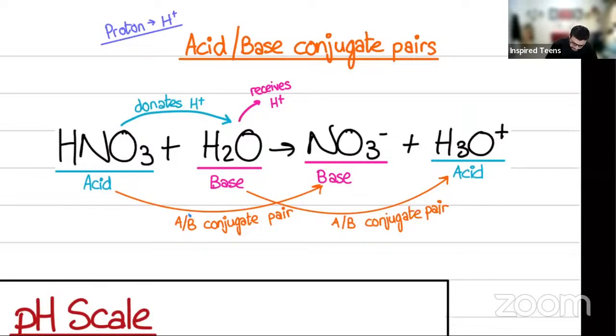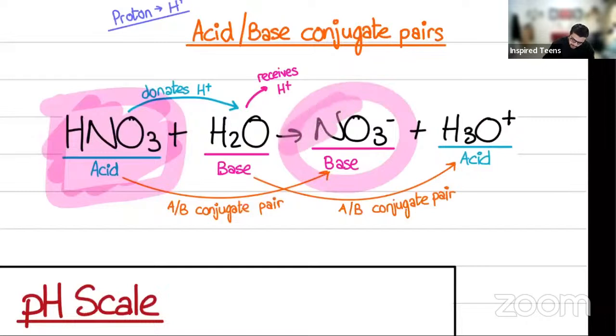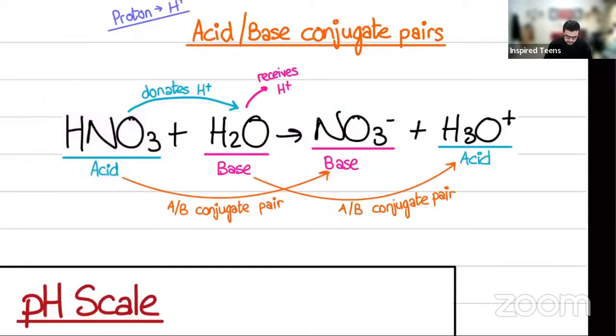So if you've already identified that one is the acid, whatever you then identify as its pair on the right-hand side would definitely be the opposite, which in this case is a base.